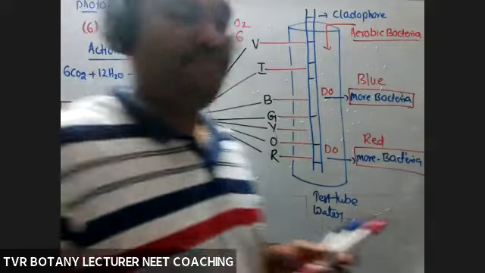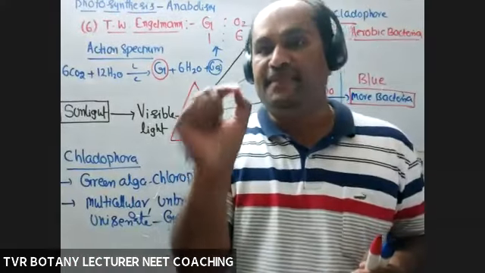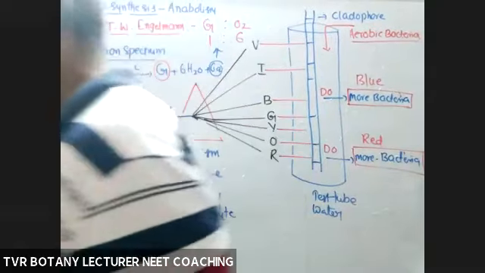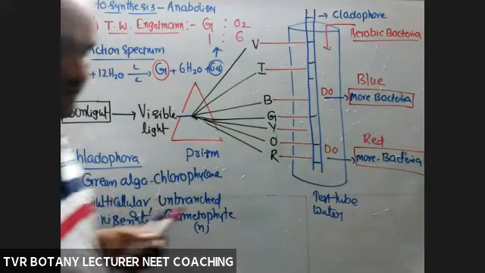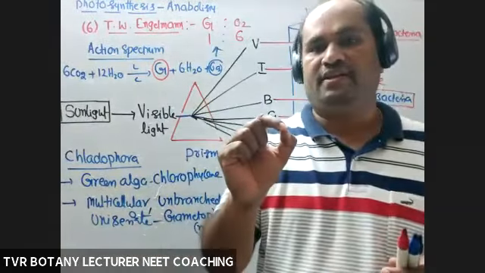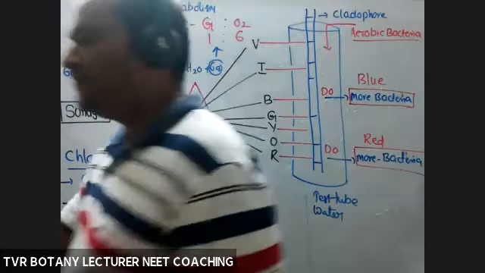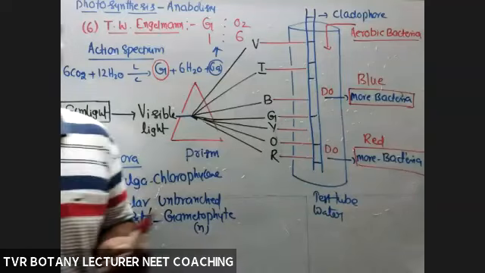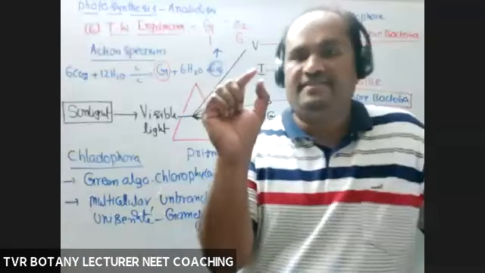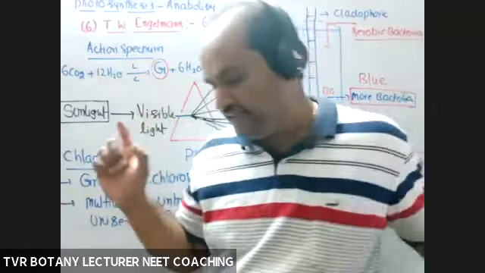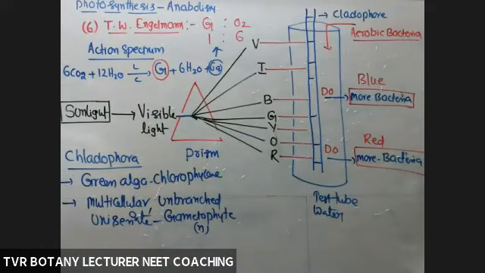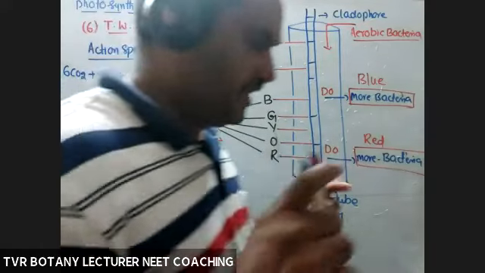So what is an action spectrum? A graph that explains the photosynthetic efficiency of a pigment, that may be chlorophyll A or B or carotenoid, at different wavelengths of light. That is almost similar to the absorption spectrum of chlorophyll A. What is an absorption spectrum?